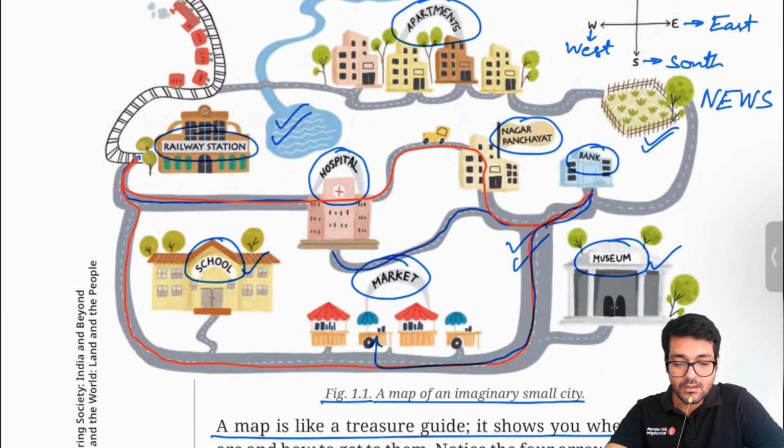You can see the hospital in the central region of the map having a red cross sign. Blue colored areas signify water bodies such as lakes, ponds, rivers, streams, etc. The farthest place from the railway station is the public garden.